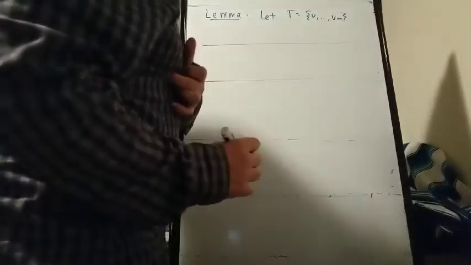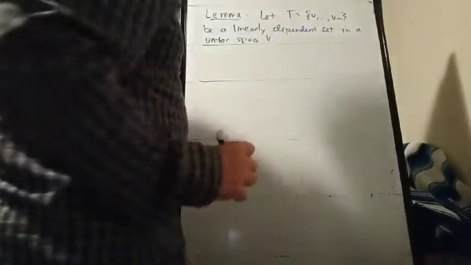So this lemma says that, let T be a collection of m vectors, and let that be a linearly dependent set in a vector space V. Then I claim that there is some subset S inside of T which is linearly independent and has the same span.